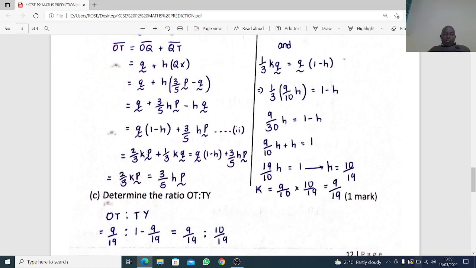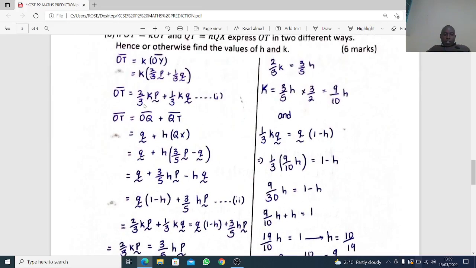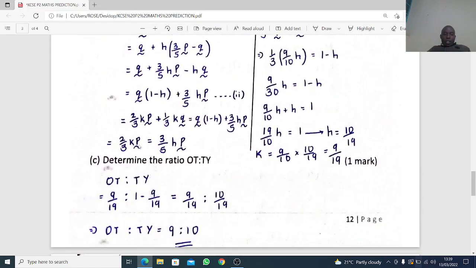If I deal with the P factor, the one with H is 3 over 5 HP. The one with P on the other side is 2 over 3 K P factor. So 2 over 3 K P factor will be equal to 3 over 5 HP.